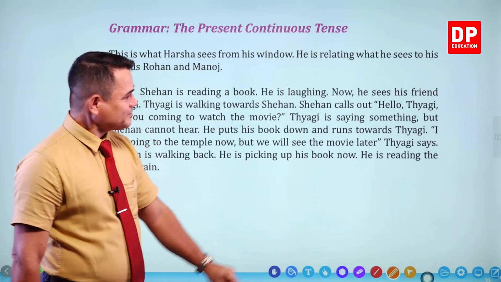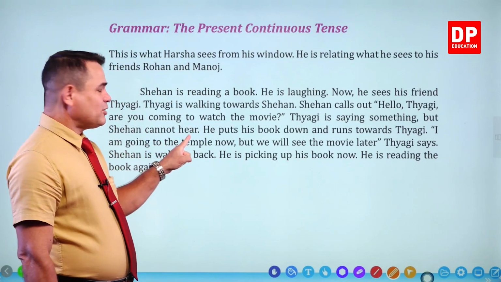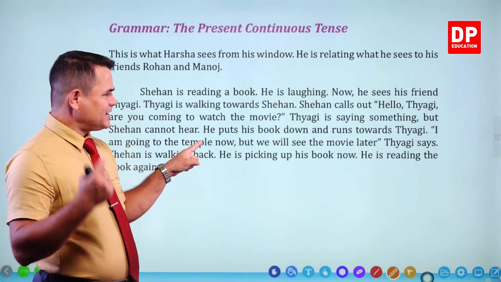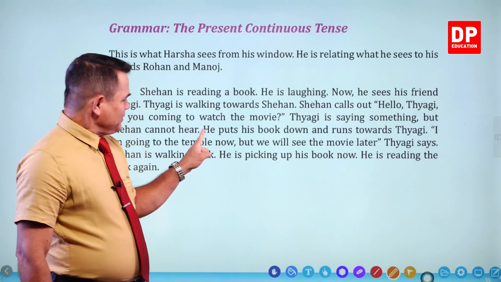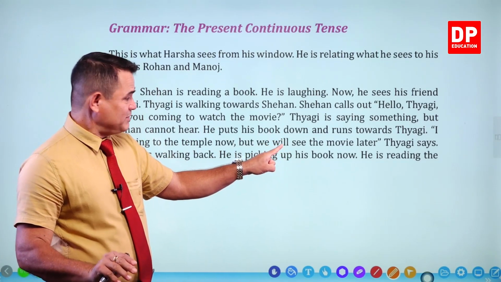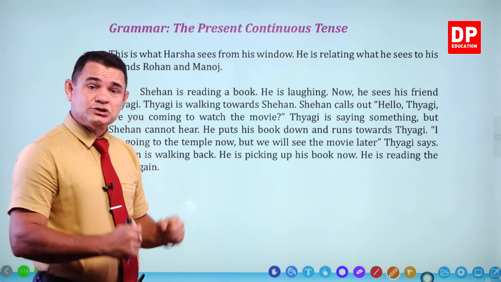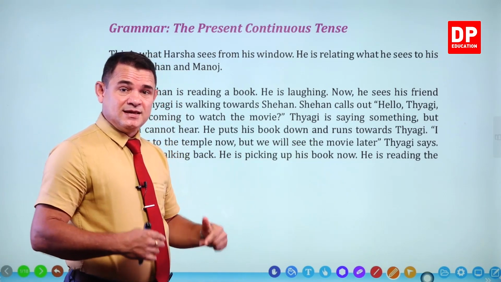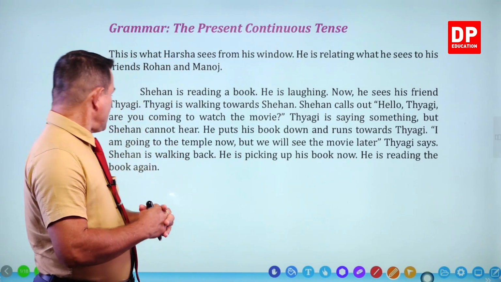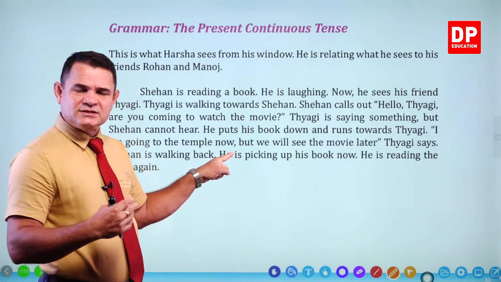Then Tyagi is saying something, but Shehan cannot hear. He puts his book down and runs towards Tyagi. I am going to the temple now. I am going.